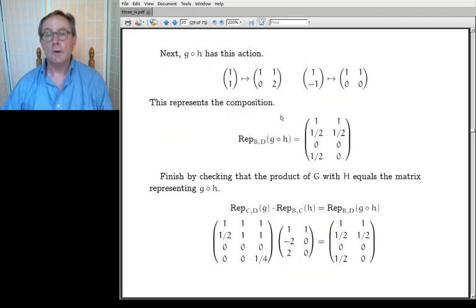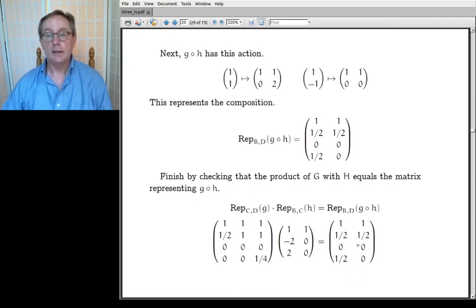To figure out what the composition is, you have two choices. You can either see where the basis elements of capital B, the basis elements of the input space capital V, go, and then represent them with respect to the output basis, and that's what I did here. Or you can multiply the two matrices that we got on the prior slide, and of course you have to get the same answer.